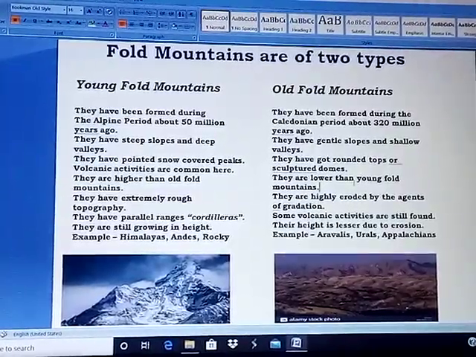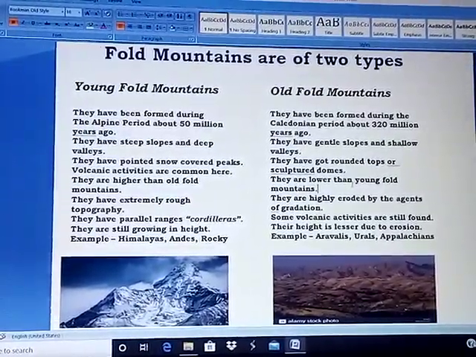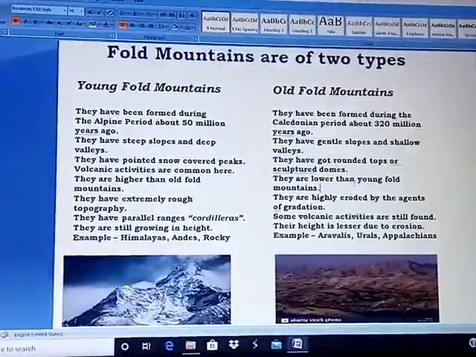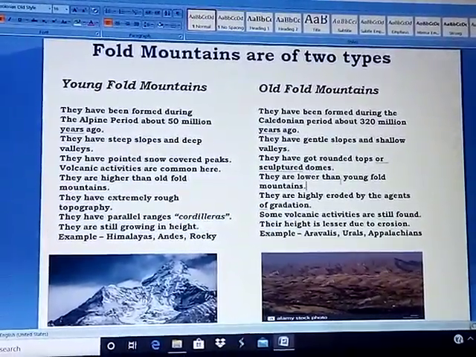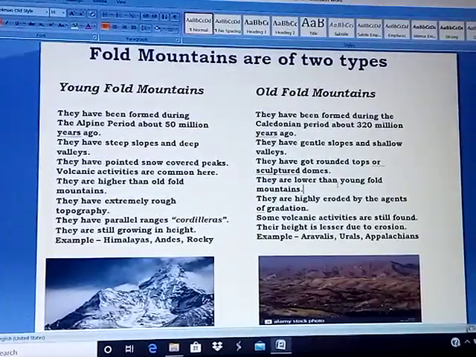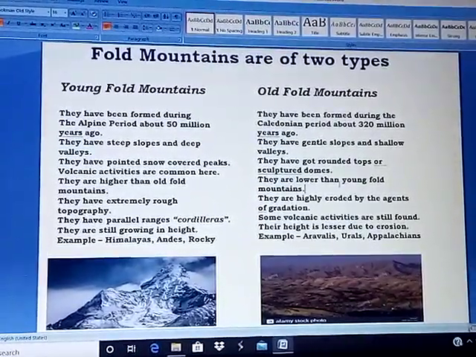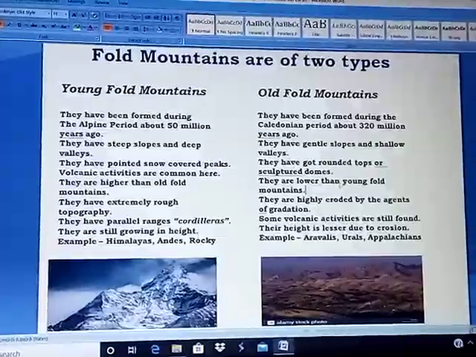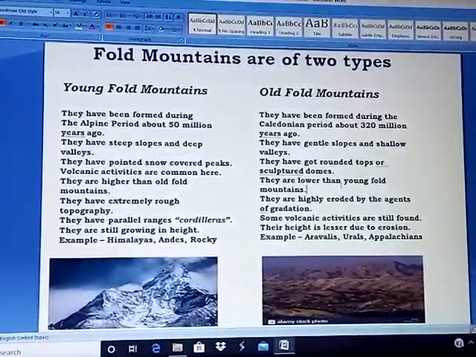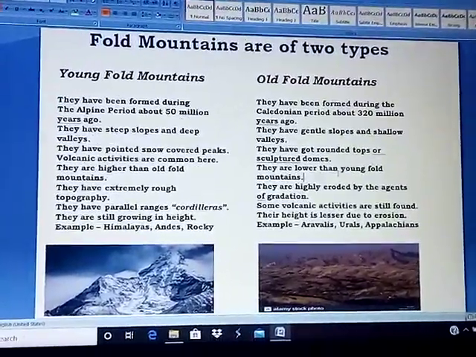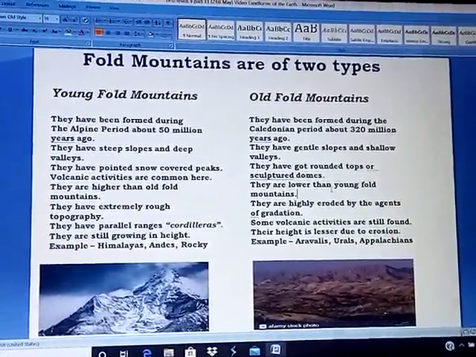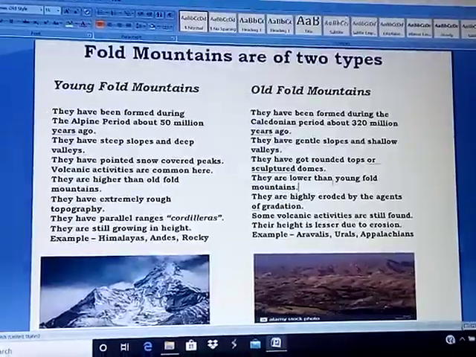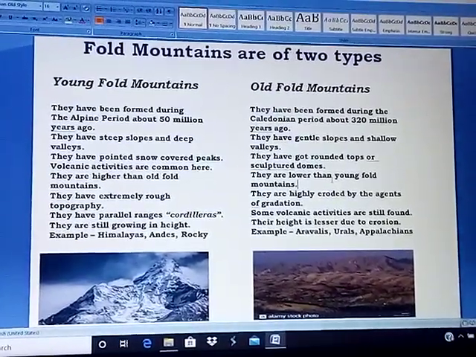Because young fold mountains are still growing. For your information, our Himalaya is growing 1 centimeter in height per 10 years. Whereas on the other hand, old fold mountains are mostly getting eroded. In fact, their formation has stopped. Now they are in their old age.